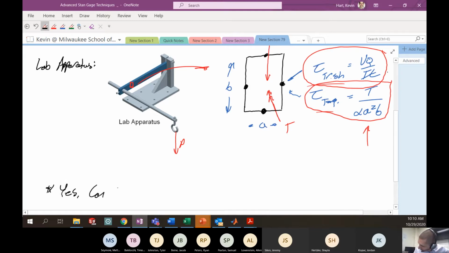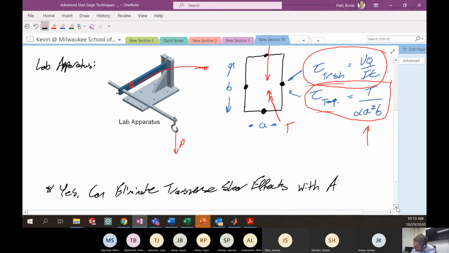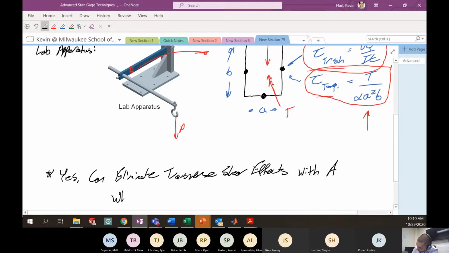You can eliminate transverse shear effects with a special type of wiring of gauges called a Wheatstone Bridge. So, Wheatstone Bridge wiring scheme.